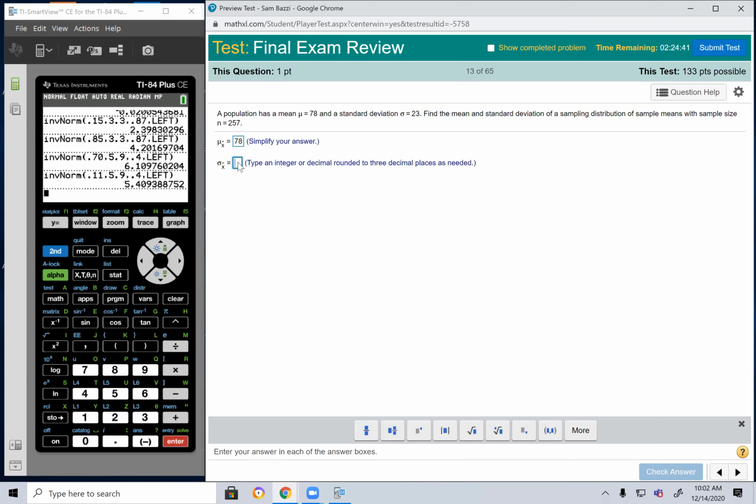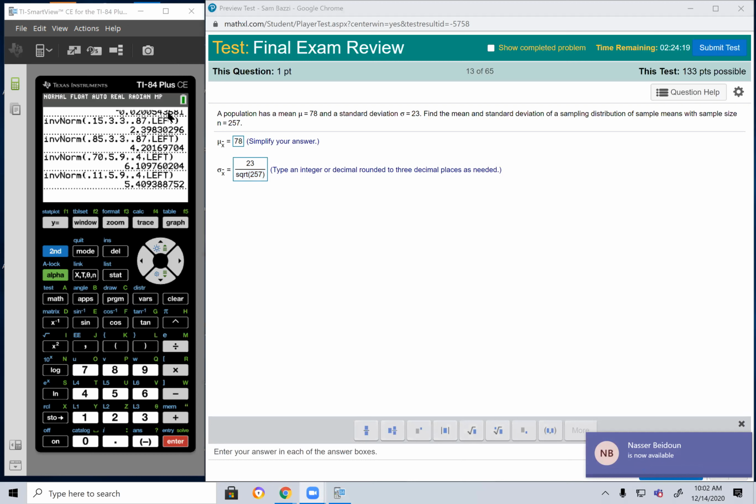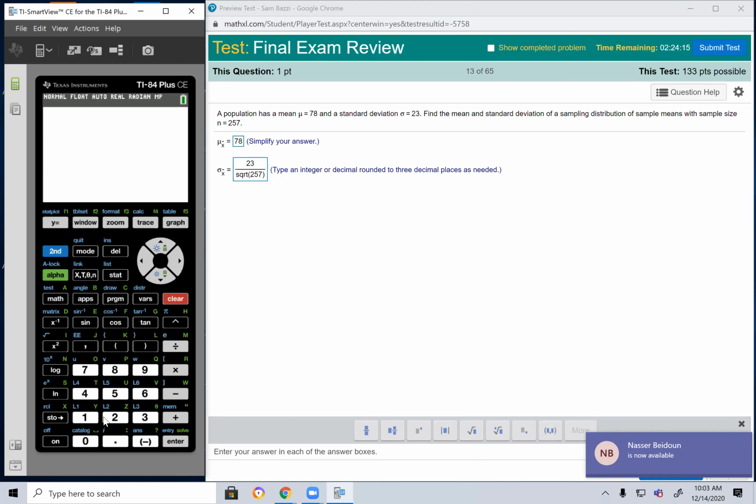And your standard deviation, it's going to be 23 divided by square root of 257. I'm just going to write it down so you know what to do here. So you compute square root of 257 on your calculator, just like this. Let me show you on a clear.